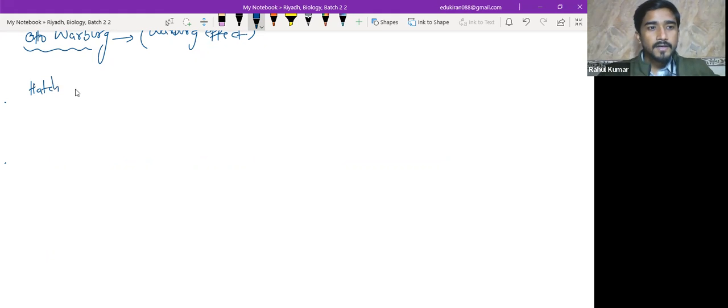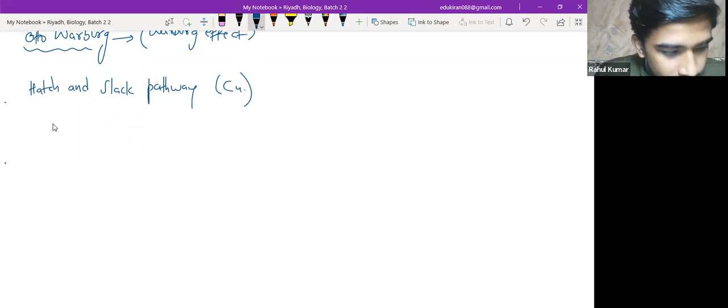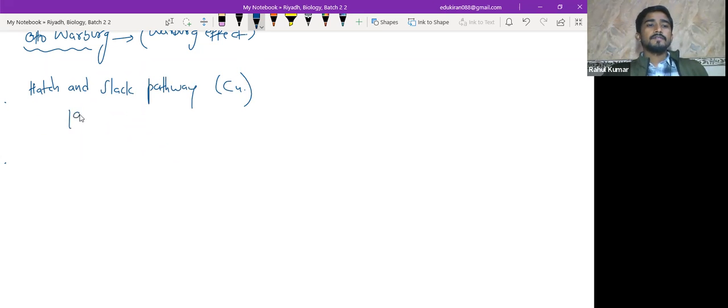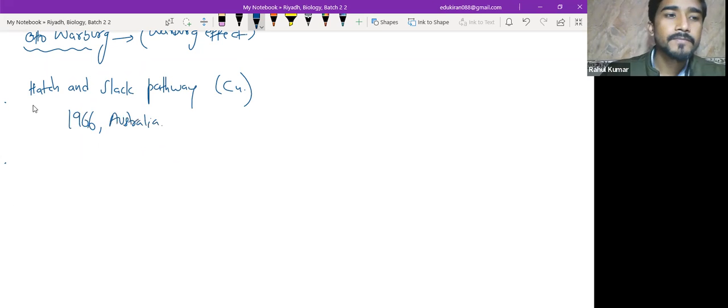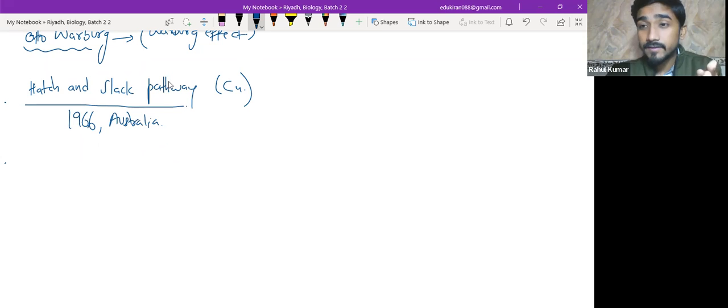So it's also called the Hatch and Slack pathway. It was discovered in Australia in 1966. The C3 pathway can also be called the Calvin pathway, and C4 can also be called the Hatch and Slack pathway.